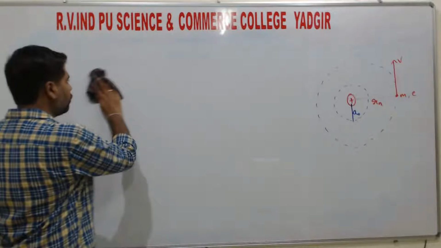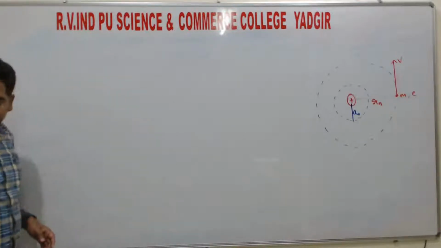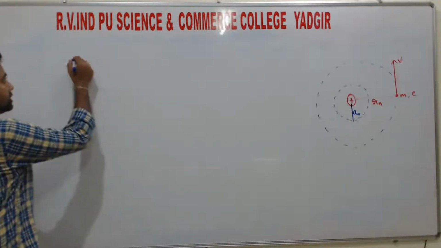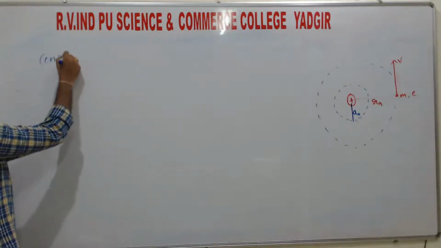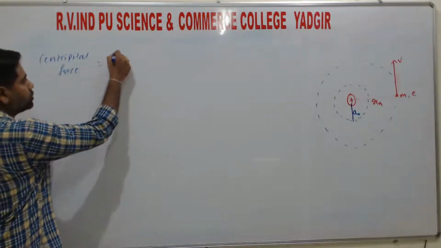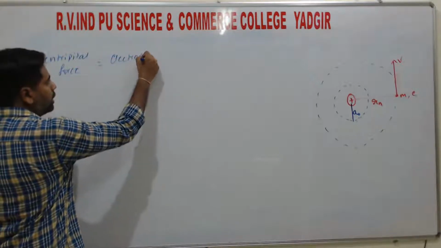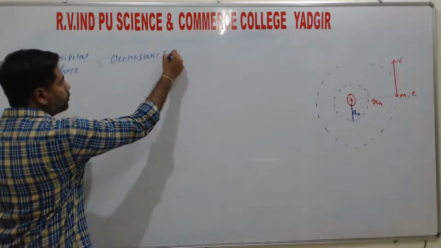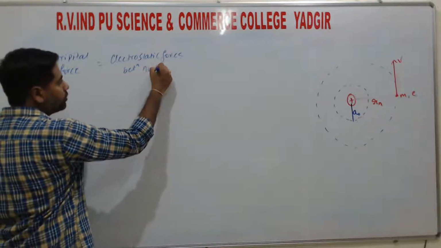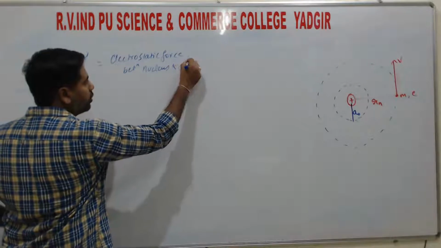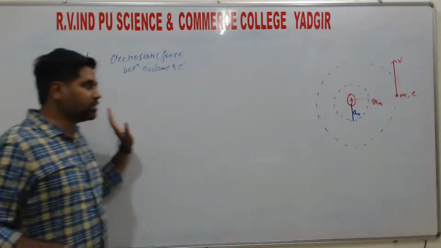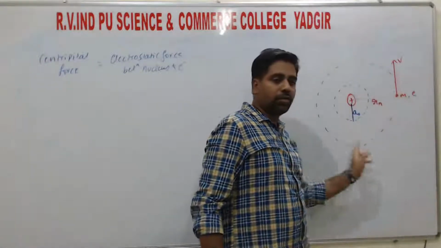That is from the first Bohr's postulate. If we write the relation, the centripetal force is equal to the electrostatic force between the nucleus and electron, right? So this is from the first postulate, that the electron is revolving around the nucleus.